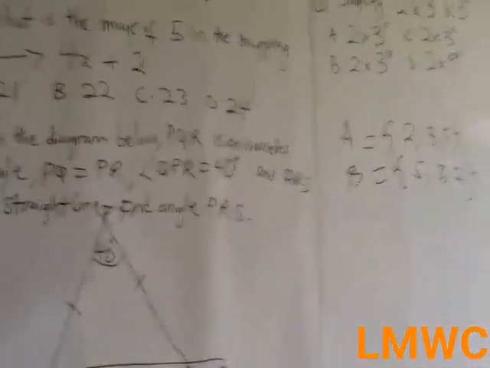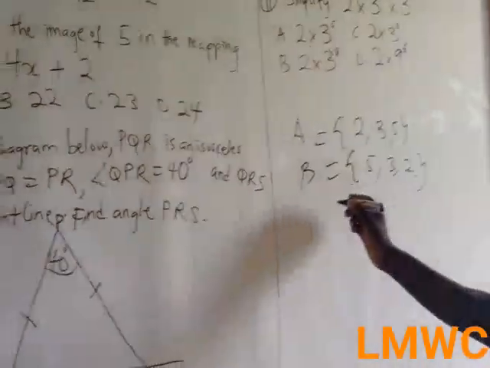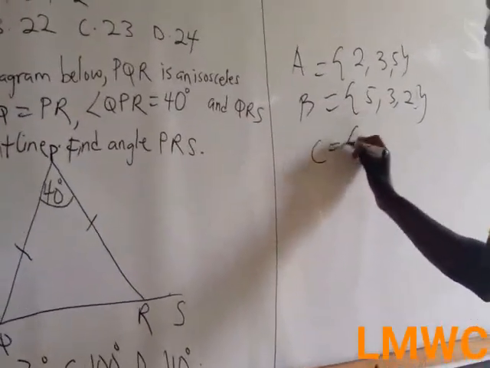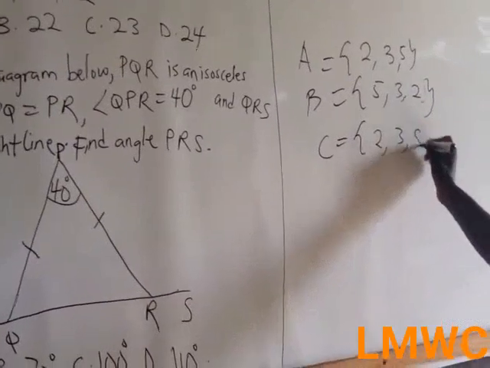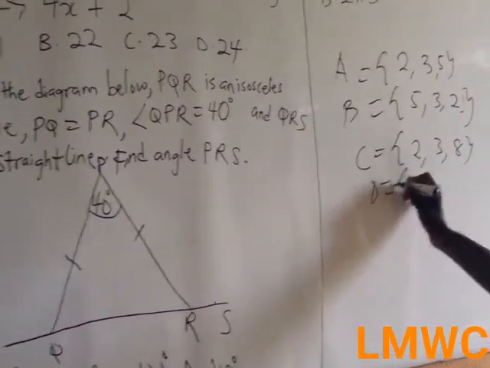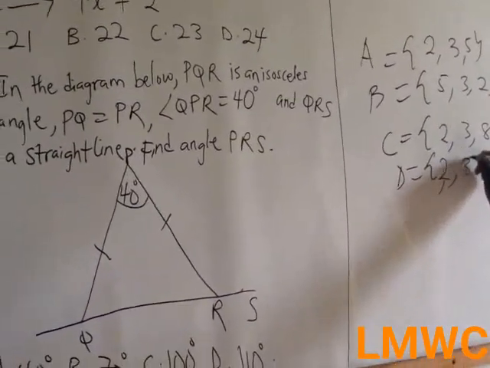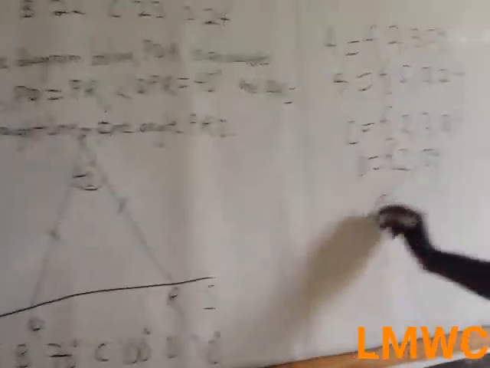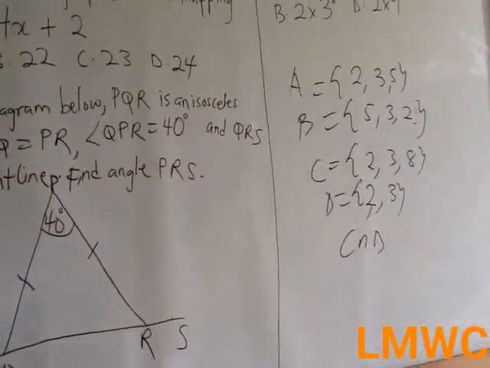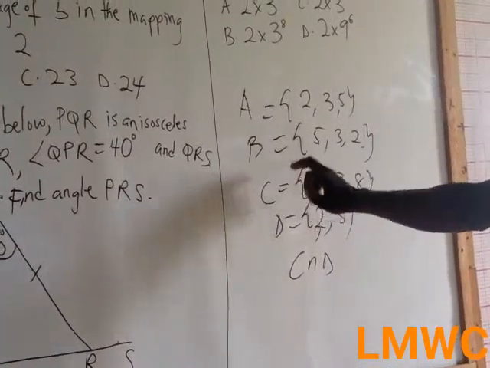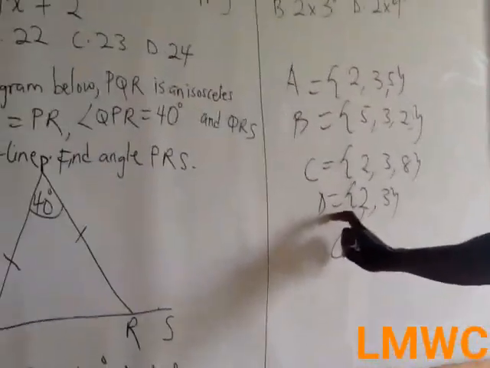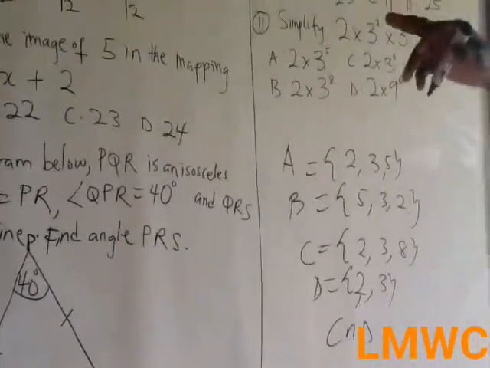B. Intersecting sets. If you talk of intersecting sets, if I give two sets as C is equal to 2, 3, 8, and D is equal to 2, 3. If you are asked to find C intersection D, it means we want a number that occurs at C and also D. That is an intersecting set.